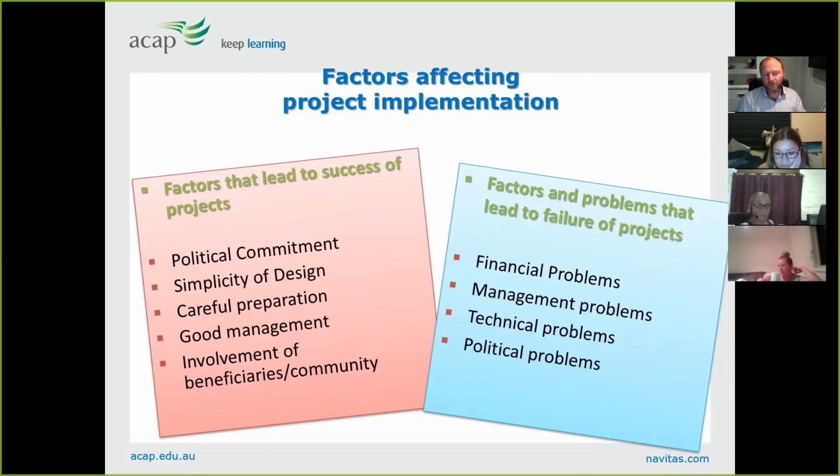Got to be across all those things when you're running any project. So if you think of political problems, there might be things in the community, how you control things. Technical problems, you might not be aware of data or what you're collecting or IT platforms. Management problems normally point to you, if you're managing this. Financial problems, you didn't get any external funding for the dream that you had. So all things to consider.